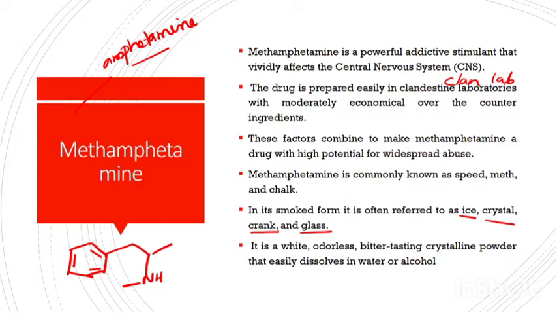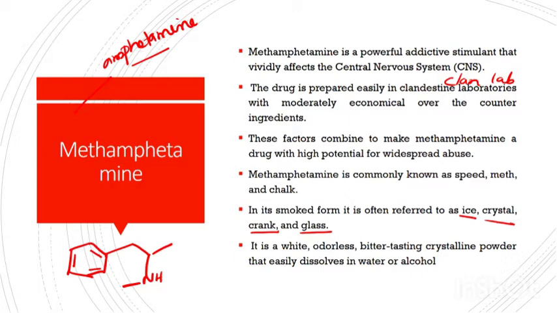It affects the central nervous system. It is produced in the clan lab, and it is commonly called speed, meth, and chalk. In smoked form, it is referred to as ice, crystal, crank, and glass. Like amphetamine, it causes increased activity and decreased appetite, so the person who takes methamphetamine will not feel hungry, and has a general sense of well-being.